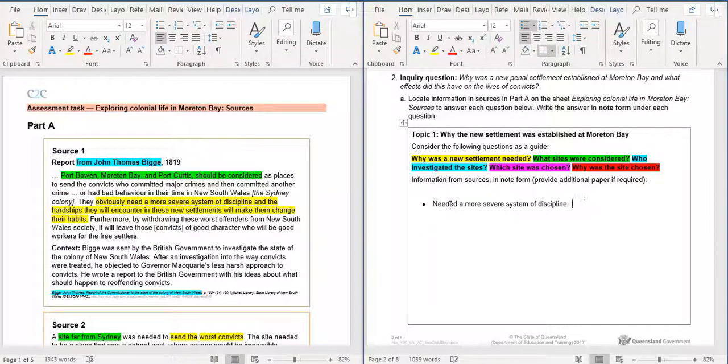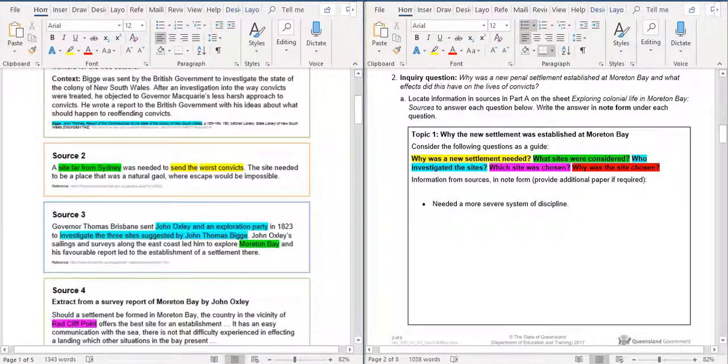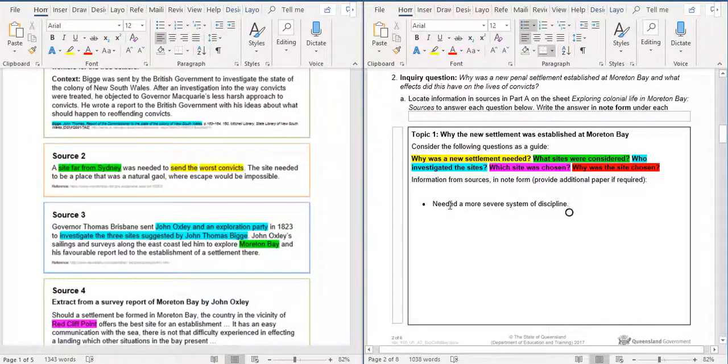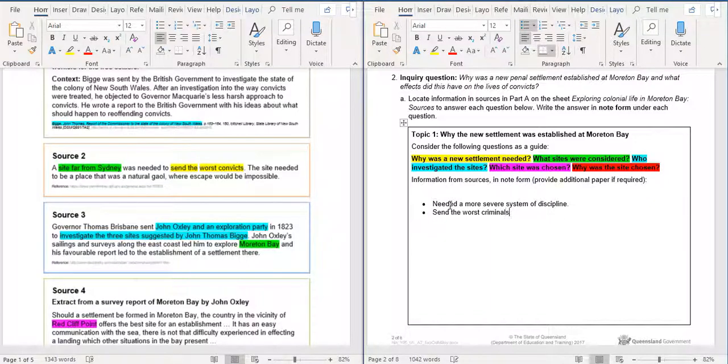And also we've got more yellow down here: send the worst criminals. So they wanted to send the worst criminals to there.